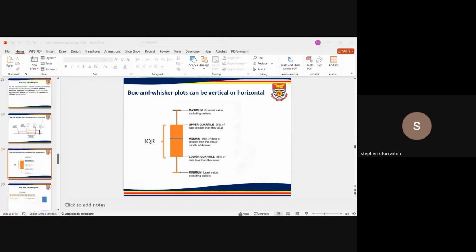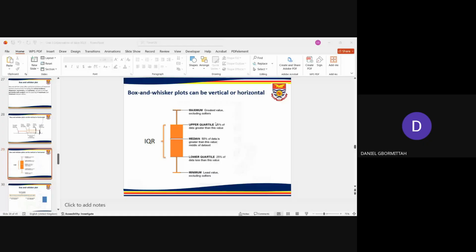Looking at the interpretation, we know that the upper quartile is 75%. Then the median is 50%, and the lower quartile is 25%, right?